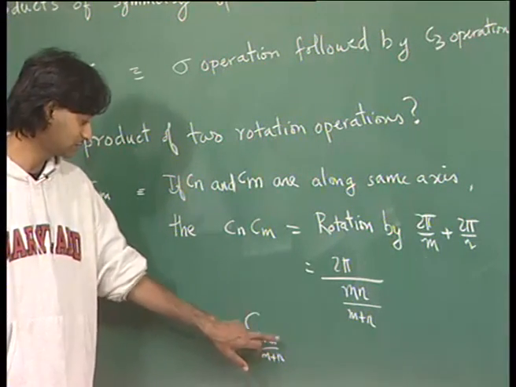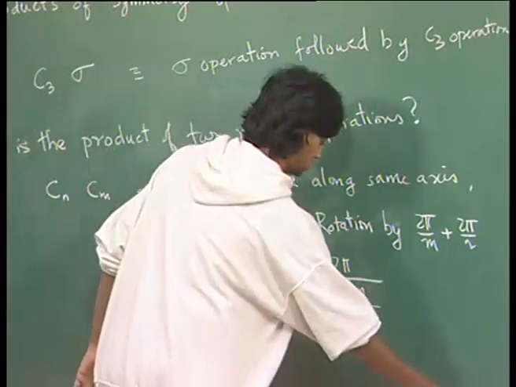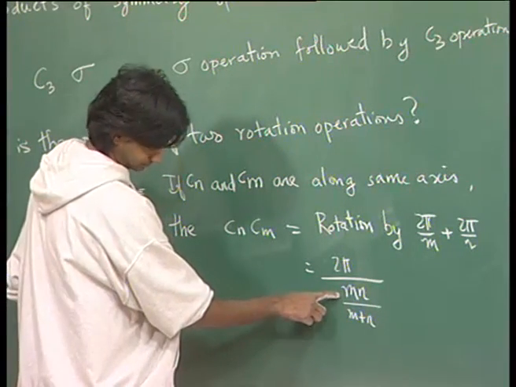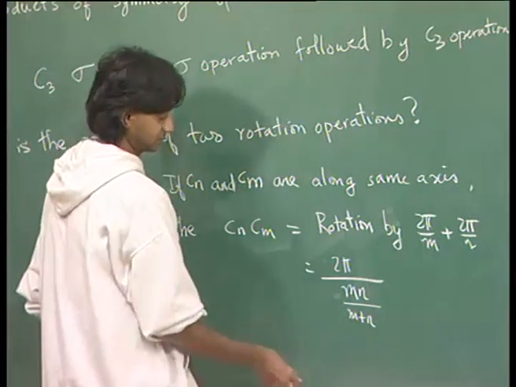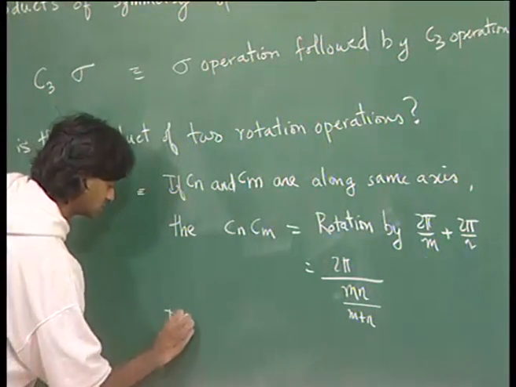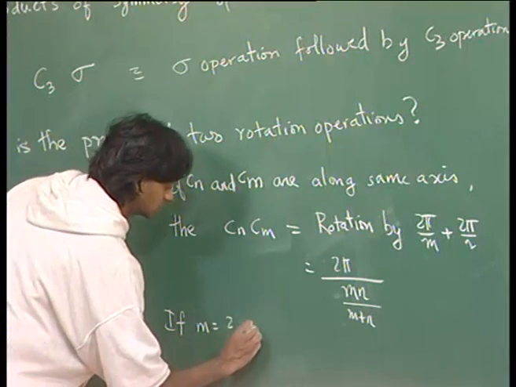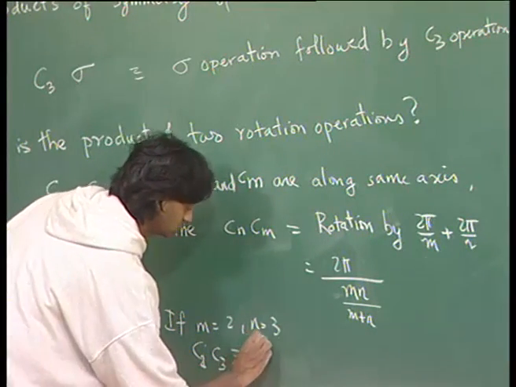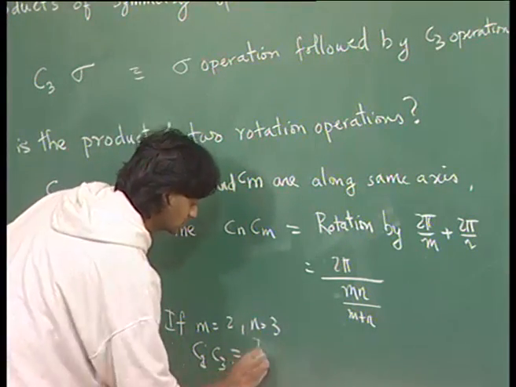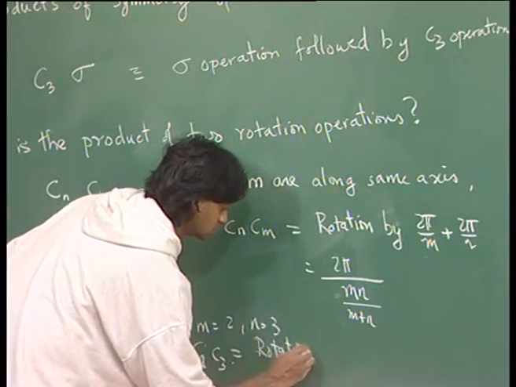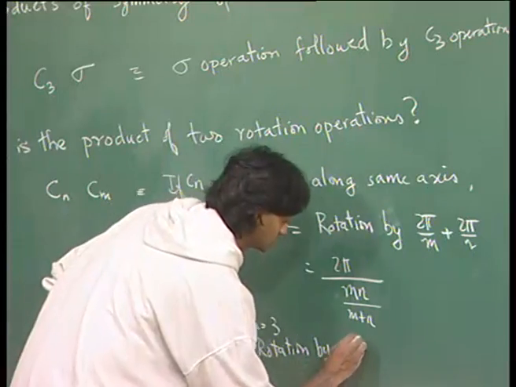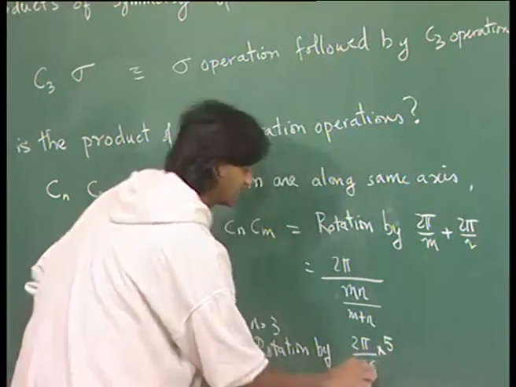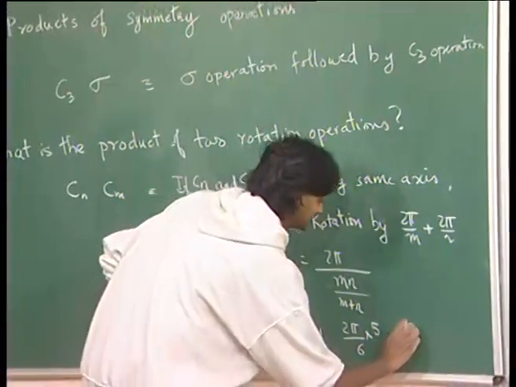Then C2 times C3 is equal to rotation by 2 pi times 5 by 6, which is 300 degrees.